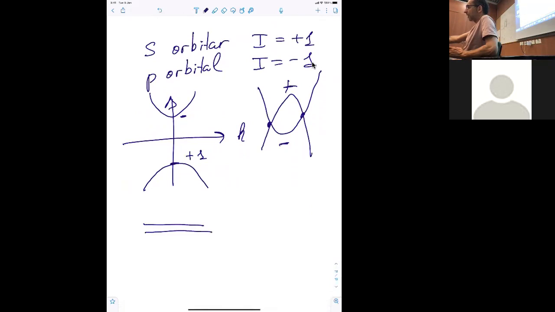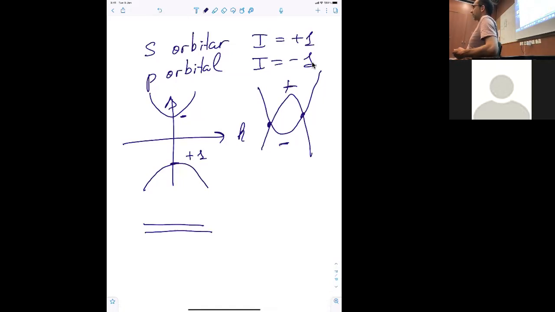And then there is a statement that if you are able, here we don't break inversion symmetry, to shift the band with s orbitals up and with p orbitals down by changing some parameter.